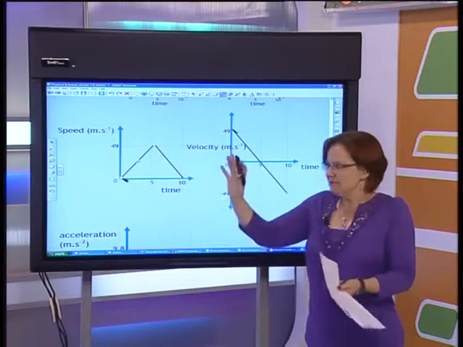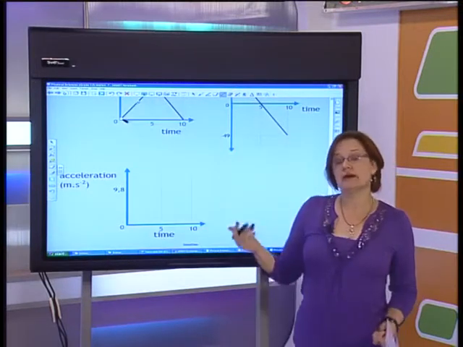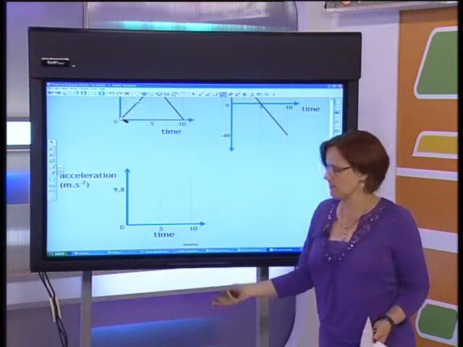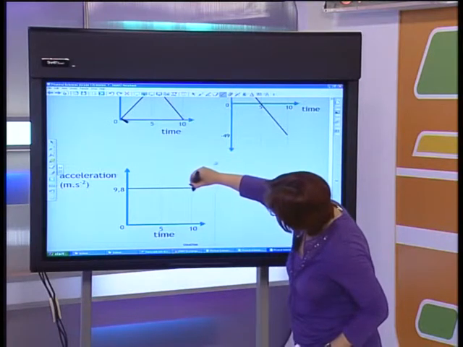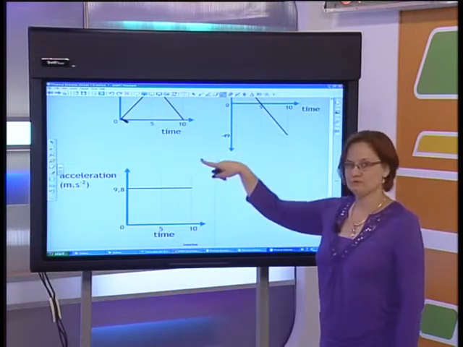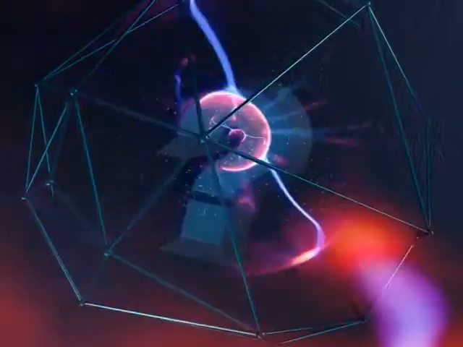It just doesn't always follow. It just depends on the question. And then, in the last example when I showed you, I said 9,8 was negative, but we've chosen down as positive. So that means my acceleration is positive 9,8. But we needed to have the values, okay? I'm hoping that sort of cleared up some of the problems.